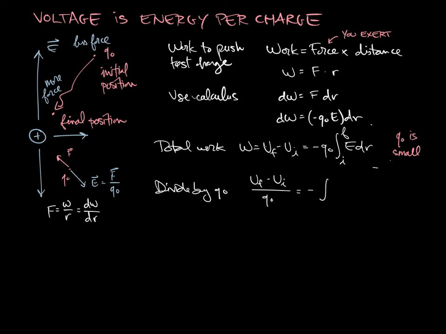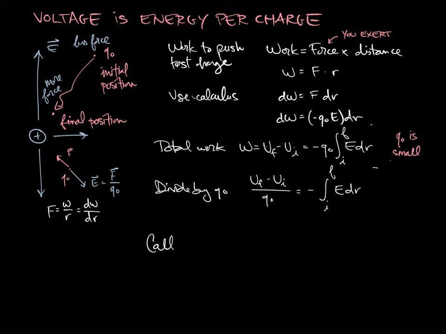We still have our negative sign. We're still going from the same position. And now we have some new quantity, but instead of talking about the energy per charge all the time, we're going to call it voltage.